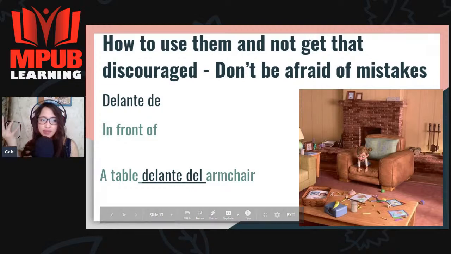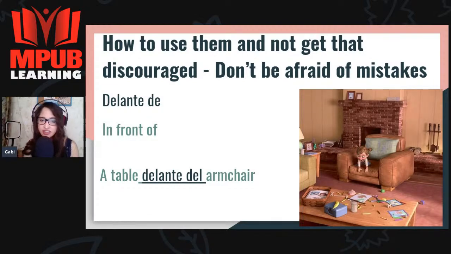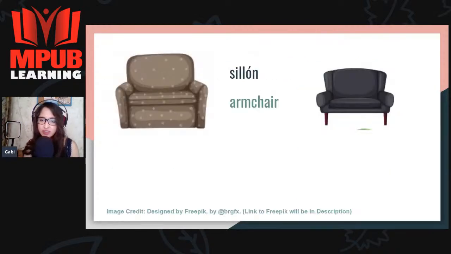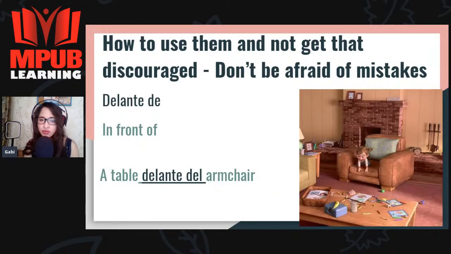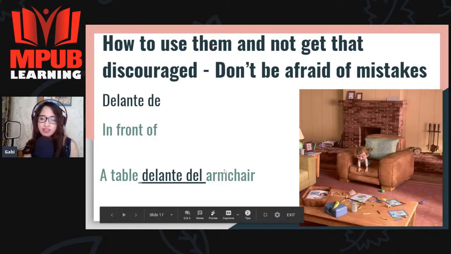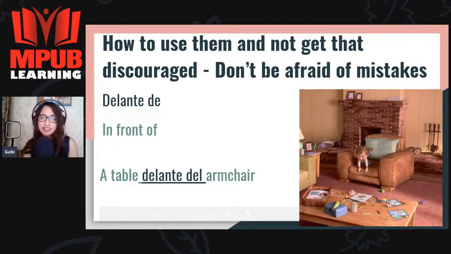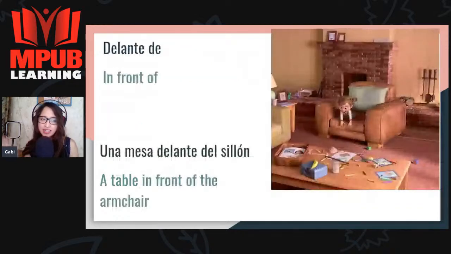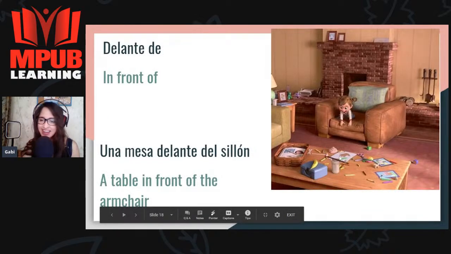I mean, it's Spanglish, a combination of English and Spanish, but the point is that you are practicing the words that you do know in Spanish, even if you do not know every single word. So you practice each time you are seeing an image. But again, the correct way would be una mesa delante del sillón.